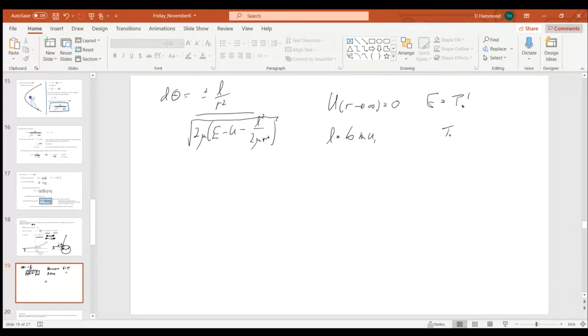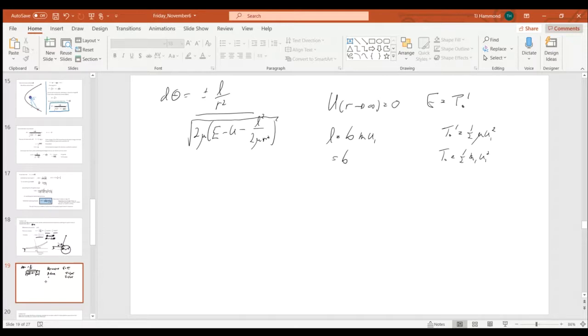but we have that T naught prime is 1/2 mu u1 squared, and T naught is of course 1/2 m1 u1 squared. So make sure you know these relationships between the center of mass and the lab frame kinetic energies.